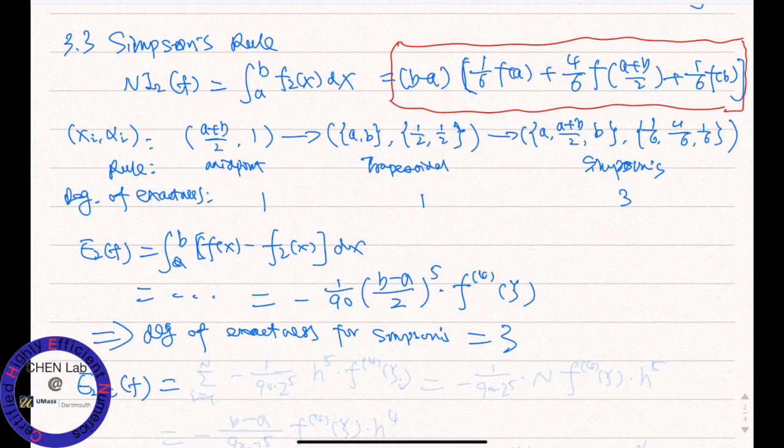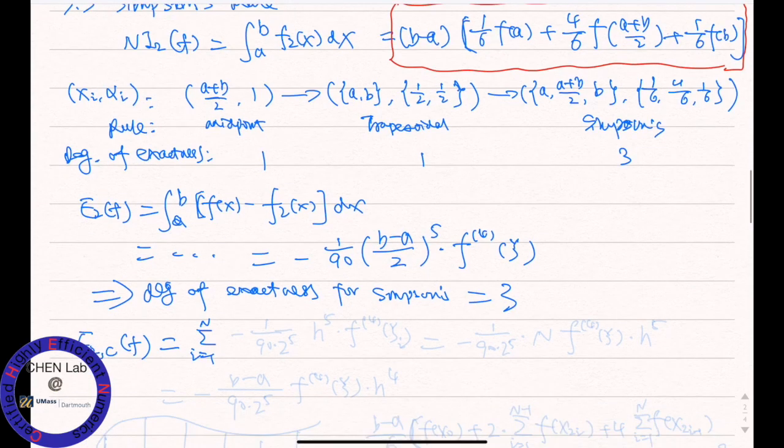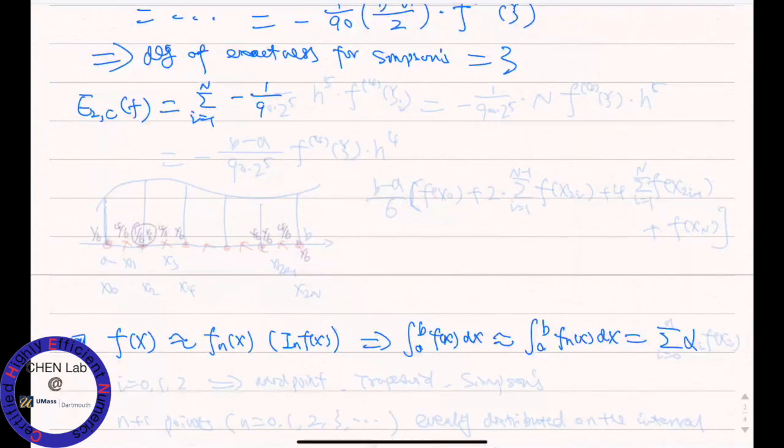Again, we're going to get a summation, the summation from i equals 1 to n. You have this constant, negative 1 over 90 times 2 to the 5th power, and you have this h, since b minus a is now h to the 5th, times the fourth derivative of f at ξ sub i.